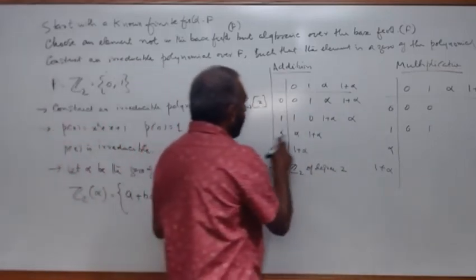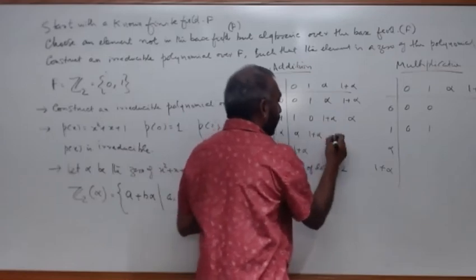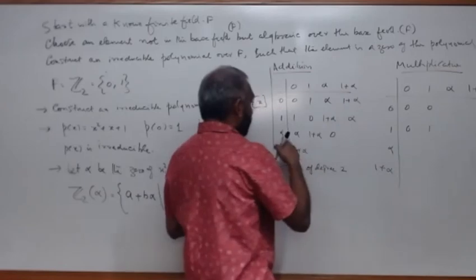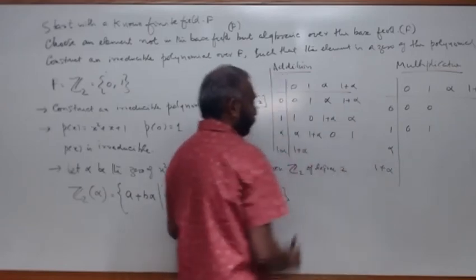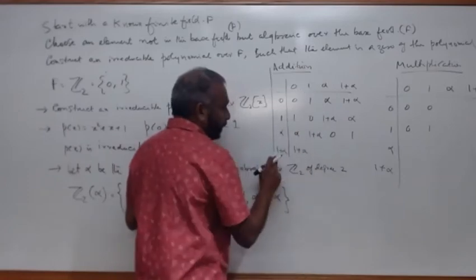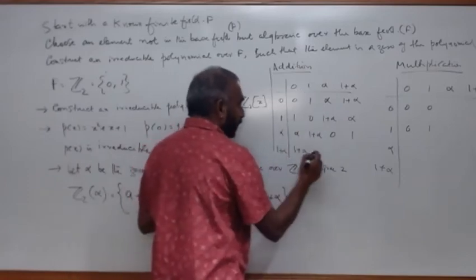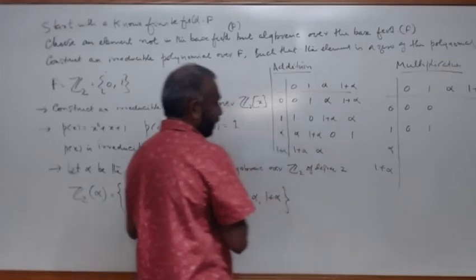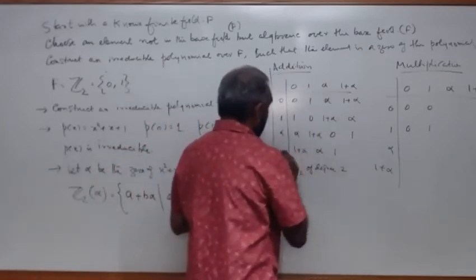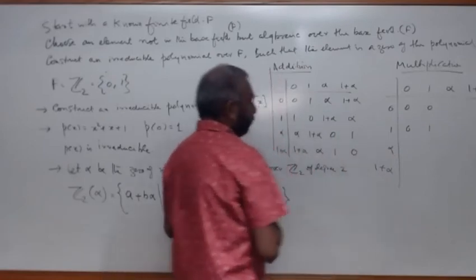Here it is alpha plus alpha, 2 alpha, which is 0. Alpha plus 1 plus alpha is 2 alpha plus 1, so 1. 1 plus 1 plus alpha, 2 plus alpha, that is 0 plus alpha, that is alpha. This will be 1 and this will be 0.